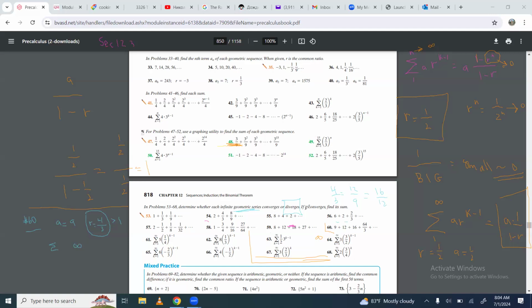People say it's divergent. That's a new word. Convergent and divergent are used in later classes, but I would just say it's infinite, because if it's finite for geometric sequences, a series, then we can find it. But if it's infinite, we can't find it.